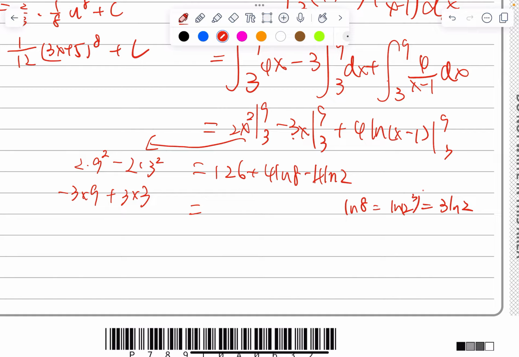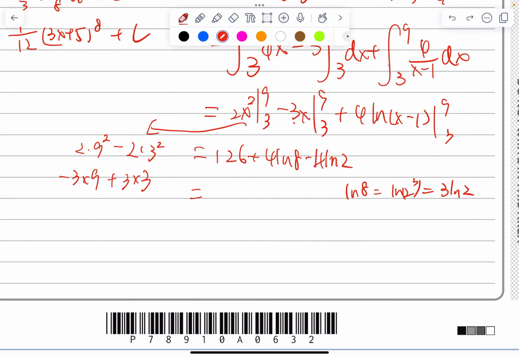Because we can throw the power out to the front for all logarithmic functions. So this will turn into 12 ln 2 minus 4 ln 2, which is 8 ln 2. Boom.